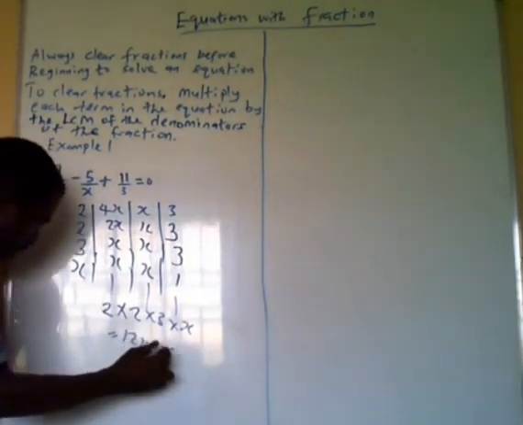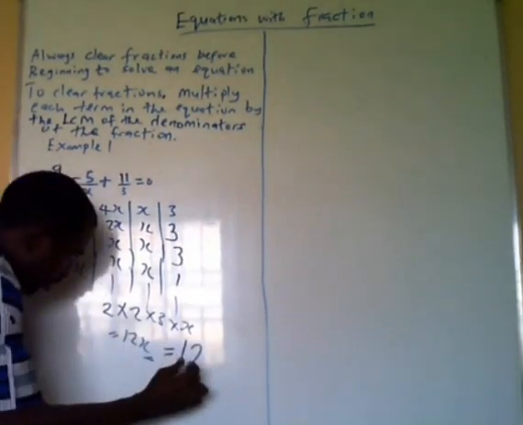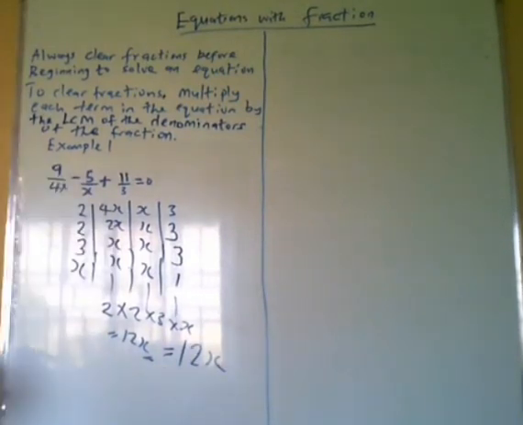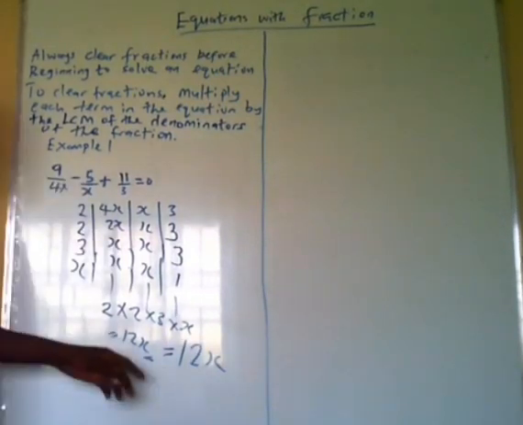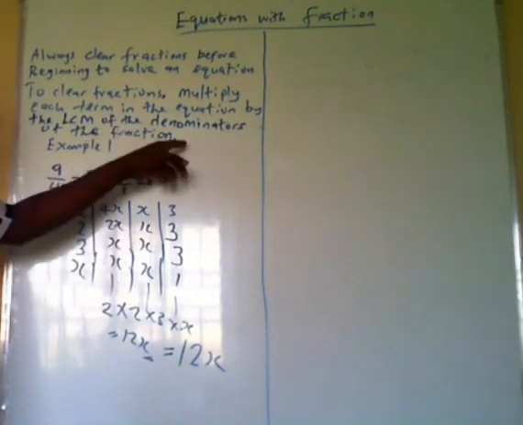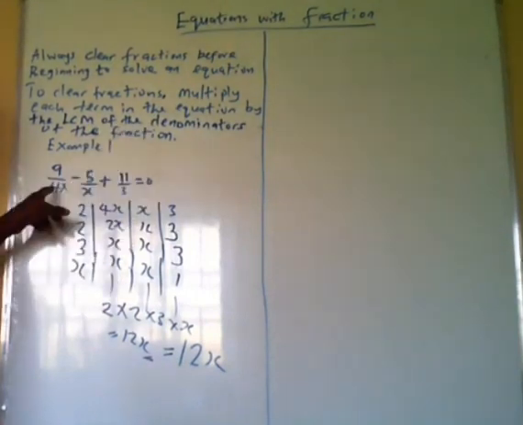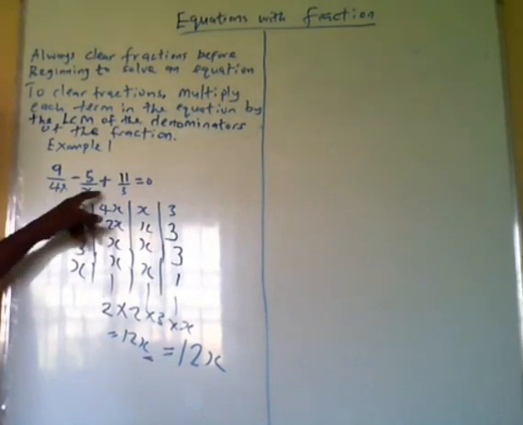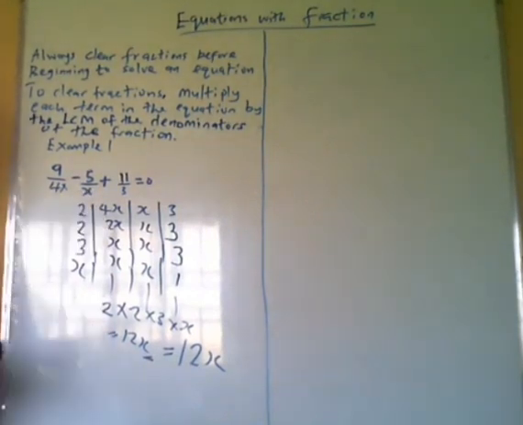Let me write it now so it will be big. So the 12x is the LCM of the denominators 4x, x, and 3. If you go through this step, the LCM is 12x.